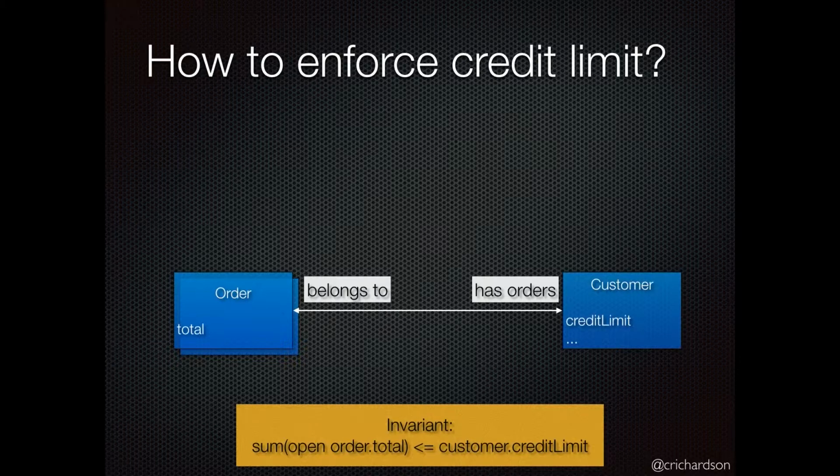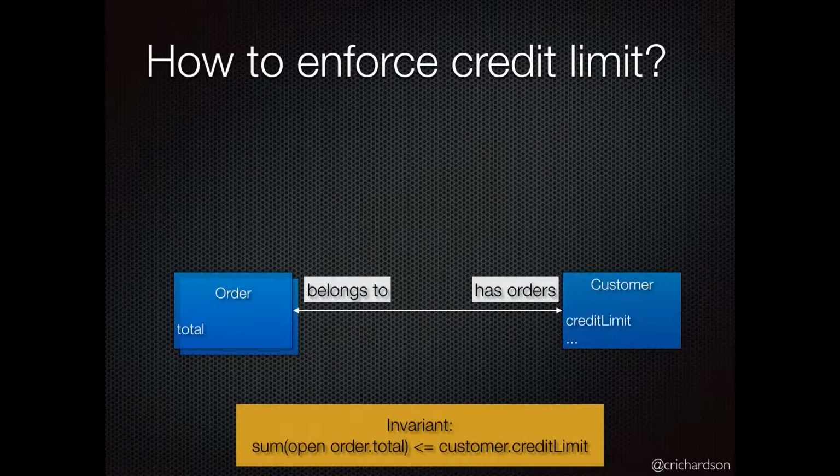So if that's a monolithic application, you can just easily accomplish it using ACID transactions. In a sense, you can think of that as one of the goals of ACID transactions, to ensure consistency, or in other words, enforce these invariants.